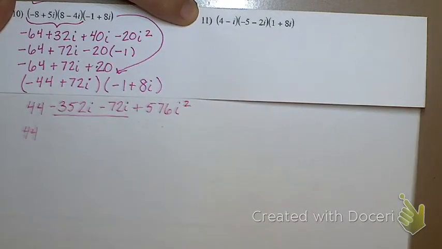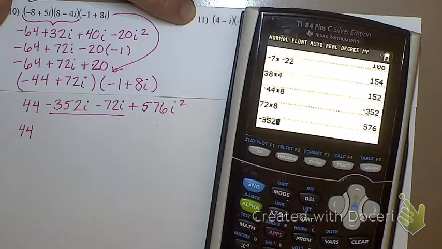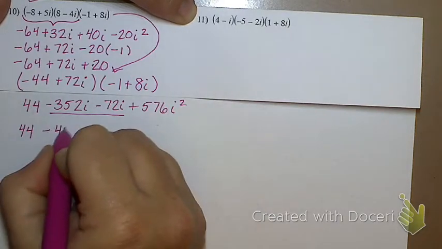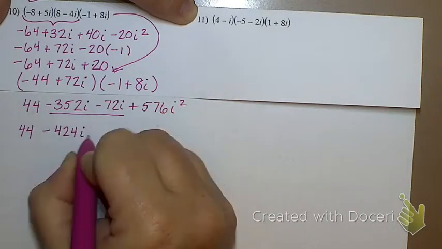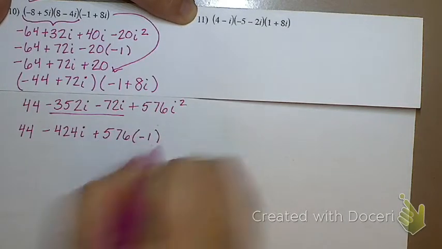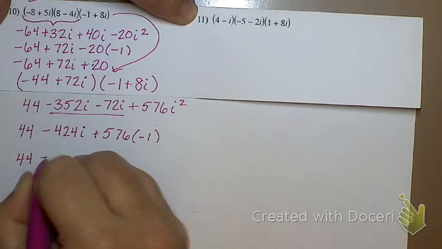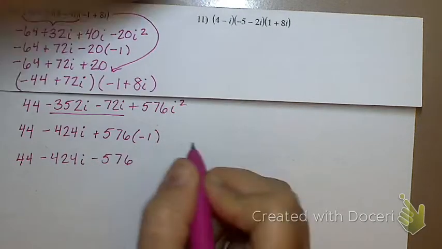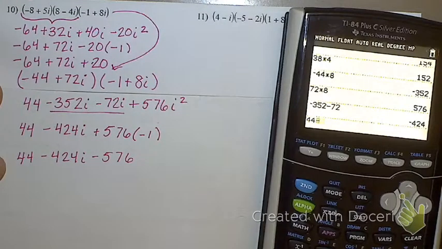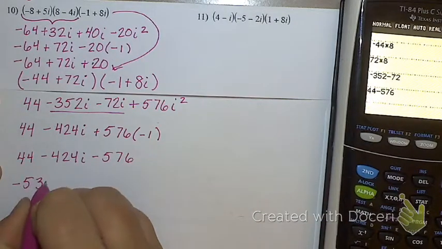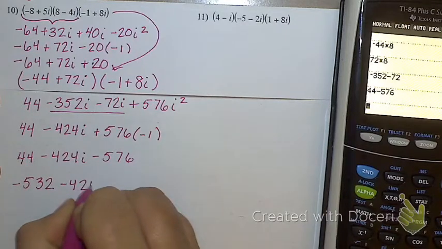And then -352i minus 72i is -424i. Plus 576 times negative 1 becomes 44 minus 424i minus 576. And then one last step. 44 minus 576 is negative 532 minus 424i.